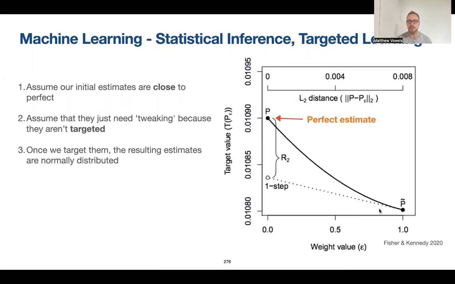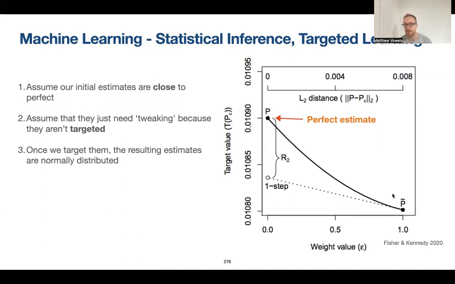So here's an illustration of this process. Along the y-axis is the estimand, under the true population mean and true population distribution here, 0.0109. That's the true value. It's the perfect estimate there. And along this y-axis, we have different values for the estimates that we might get.